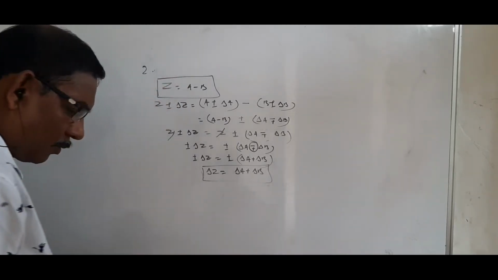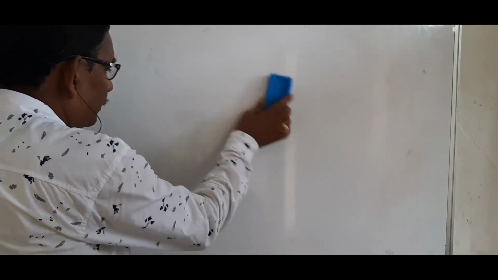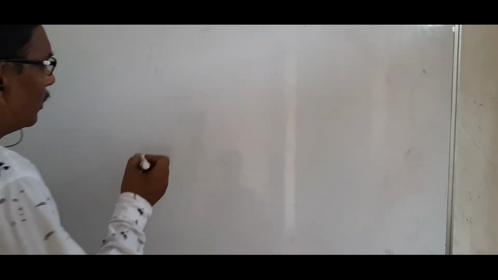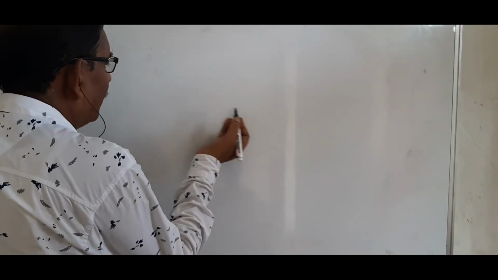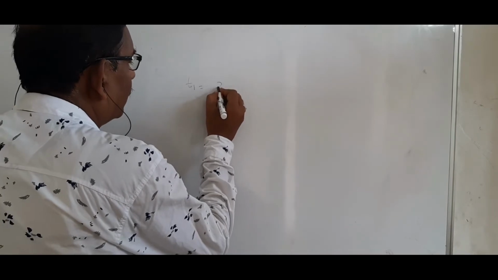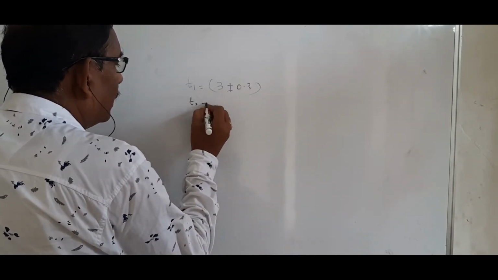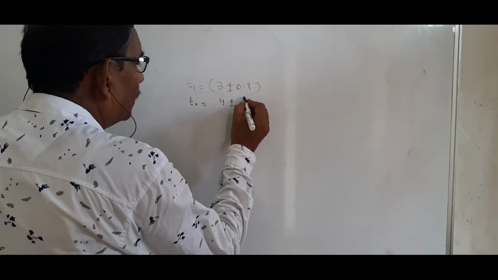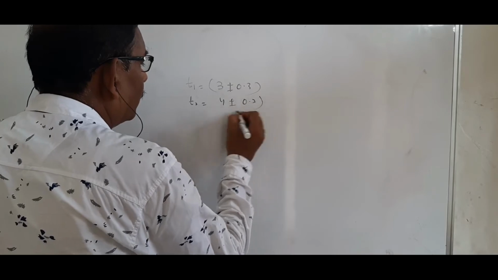So take one example here. Suppose temperature T1 is equal to 3 plus minus 0.3, and T2 is equal to 4 plus minus 0.2.